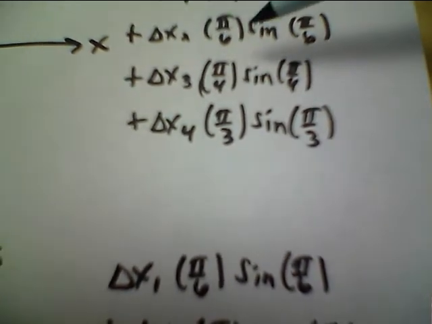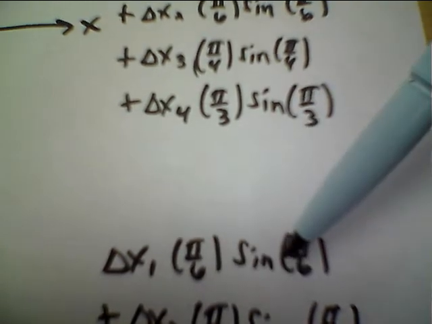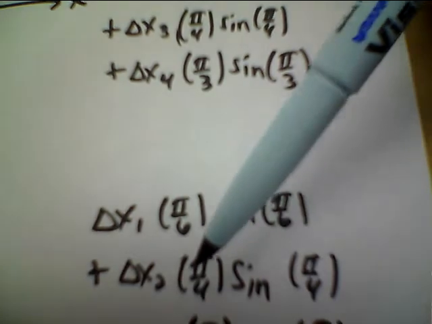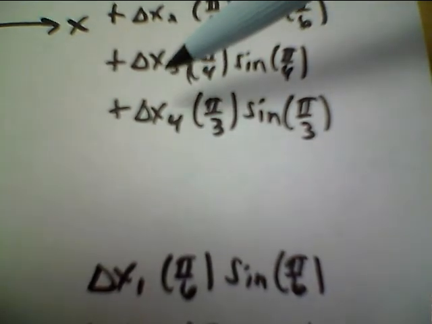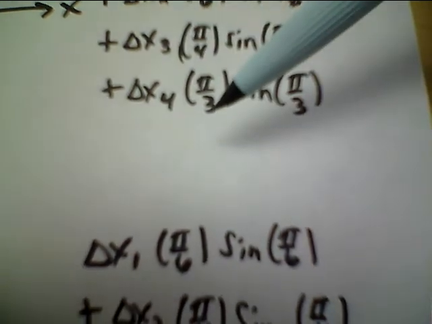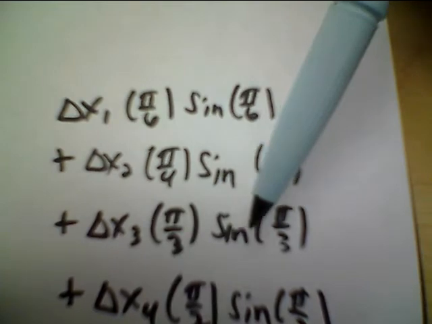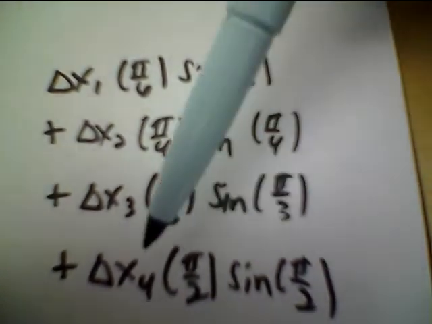In this one, the pi over 6 times sine pi over 6 is multiplied by delta x2. And in this one, the pi over 6 times sine pi over 6 is multiplied by delta x1. Here, the pi over 4 times sine pi over 4 is multiplied by delta x2. Here, it is multiplied by delta x3. Here, the pi over 3 times sine pi over 3 is multiplied by delta x4. Here, it is multiplied by delta x3. Then you have the rightmost endpoint.